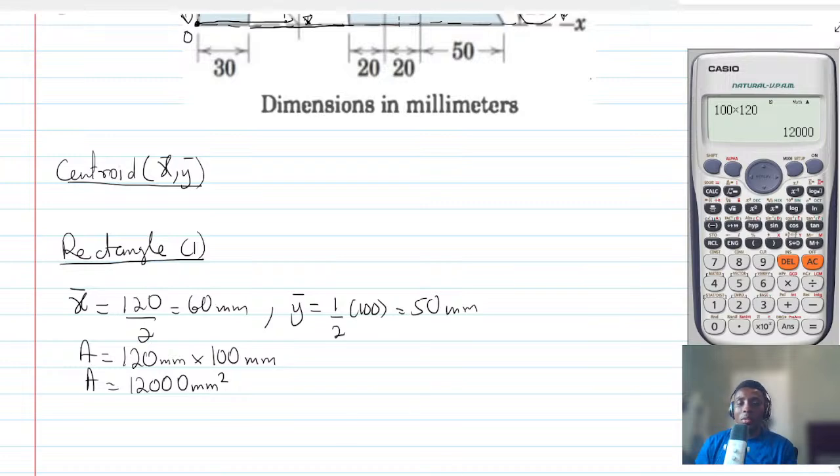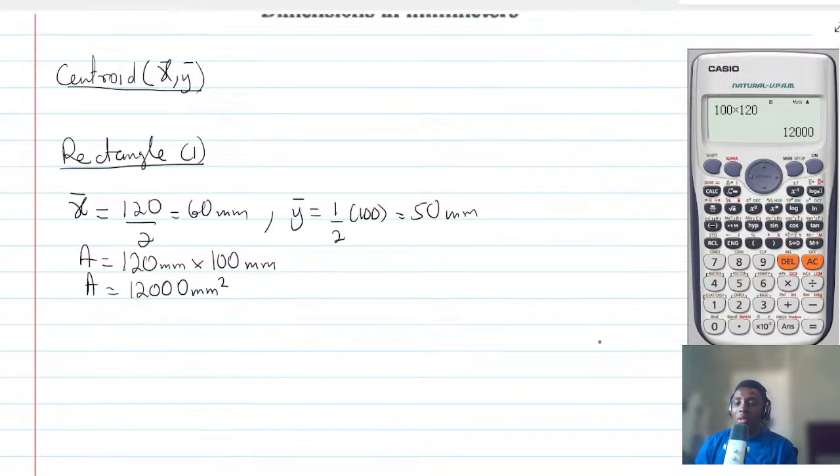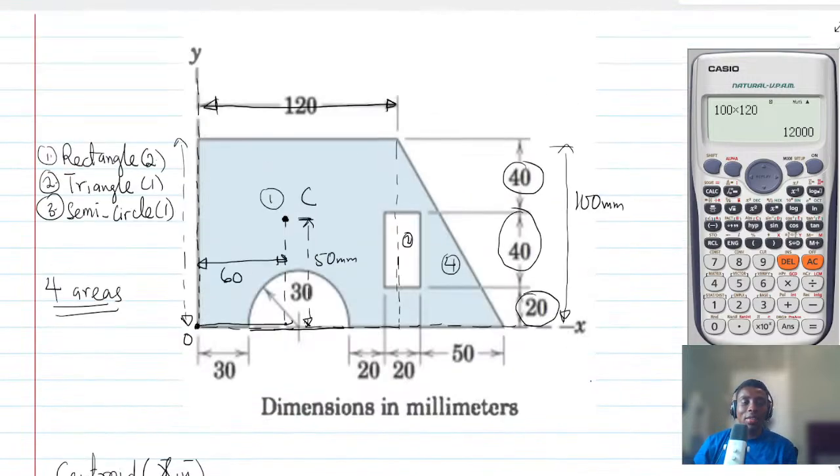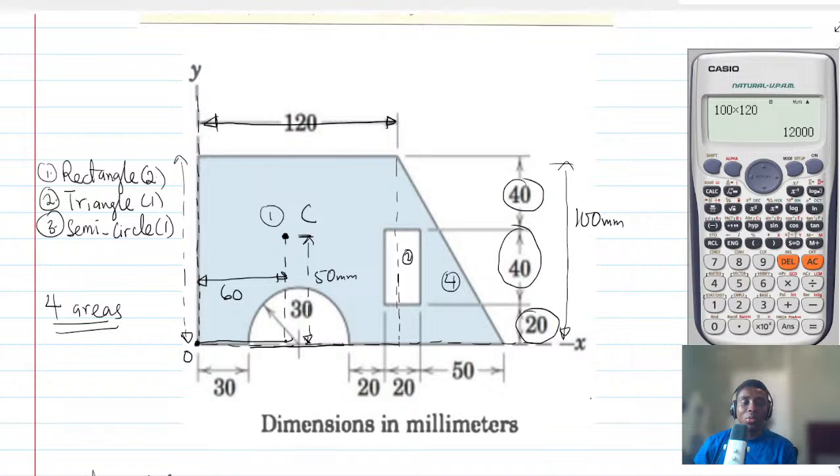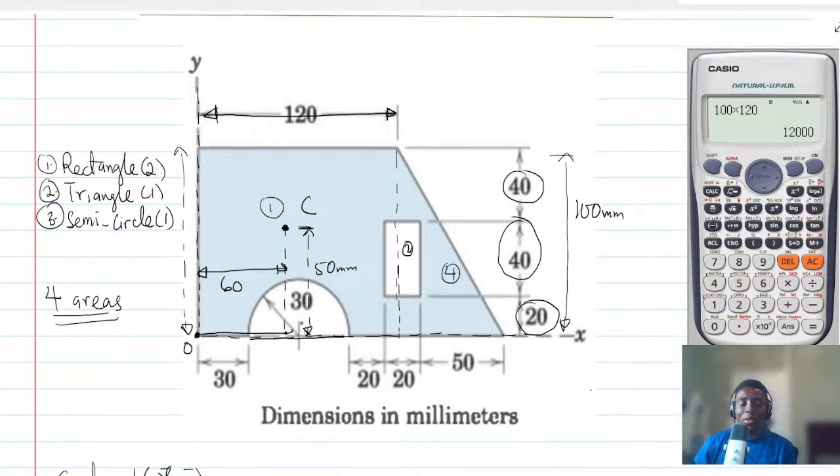Okay, so now if you look at the other area, let's look at the second rectangle. Now if you look at the second rectangle, what do you see? I'm talking about this small rectangle.